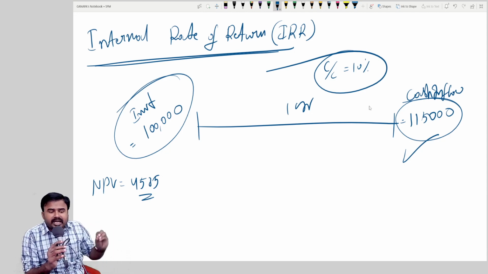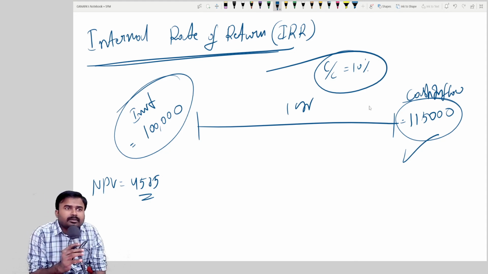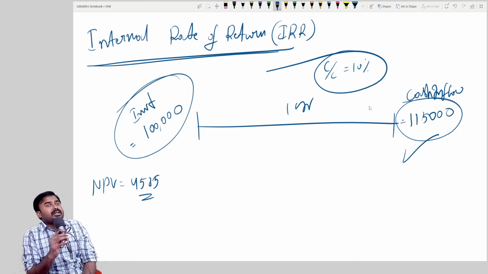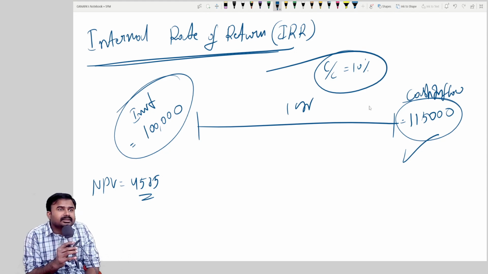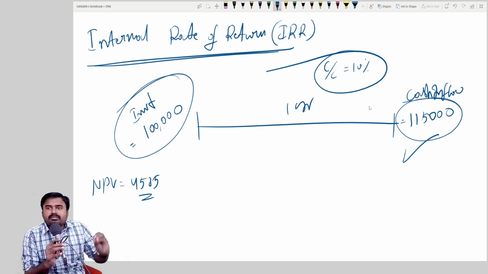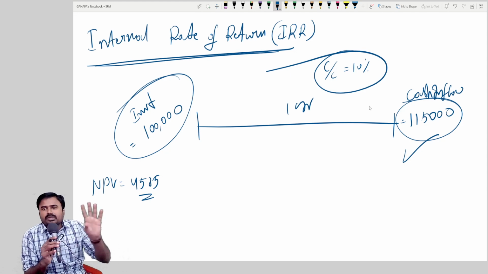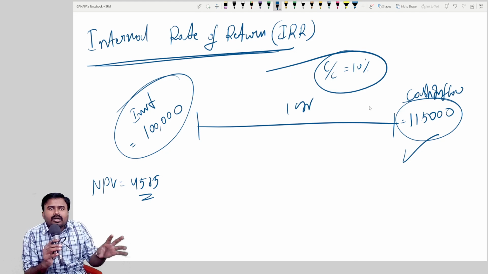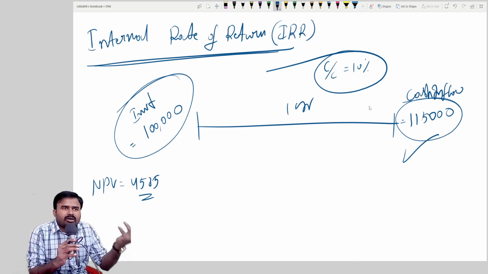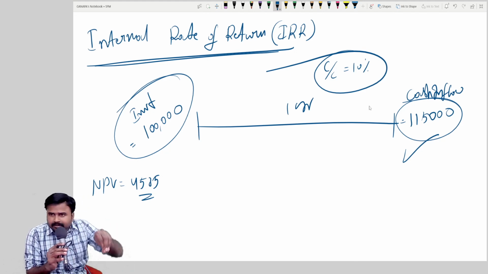Still it is generating some extra inflow, that is 4,535 in present value terms. Are you getting? So NPV is a testing measure of every project, whether such project's cash flows were able to cover our expected return along with our investment or not. That's what we are checking.